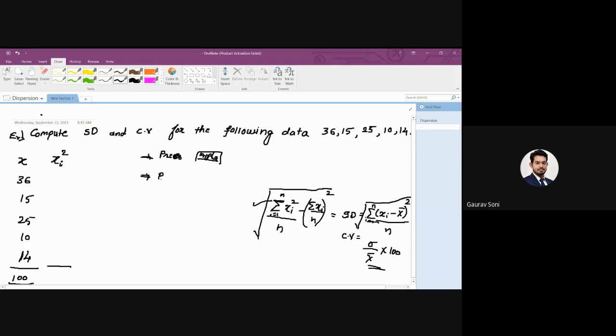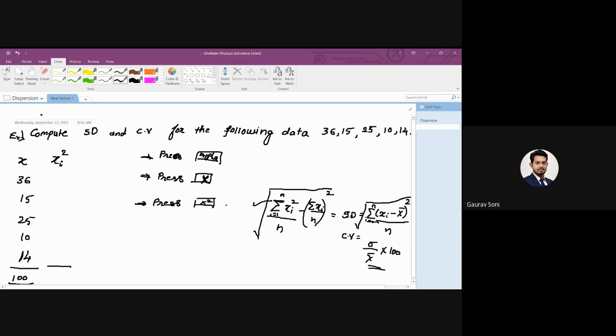Then choose the variable, press X, then you can square it, then you will see the term x square.